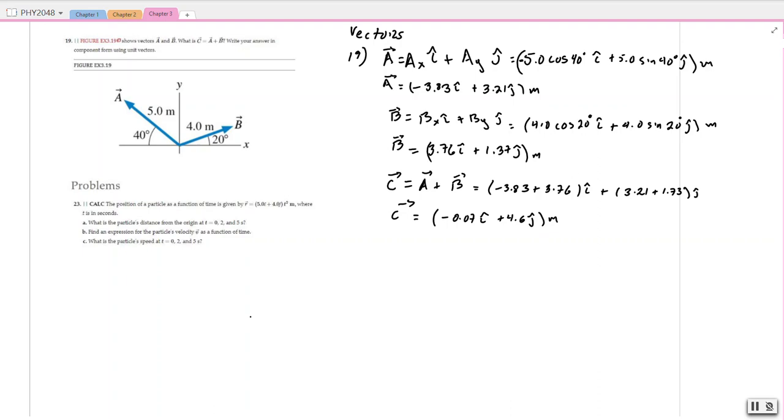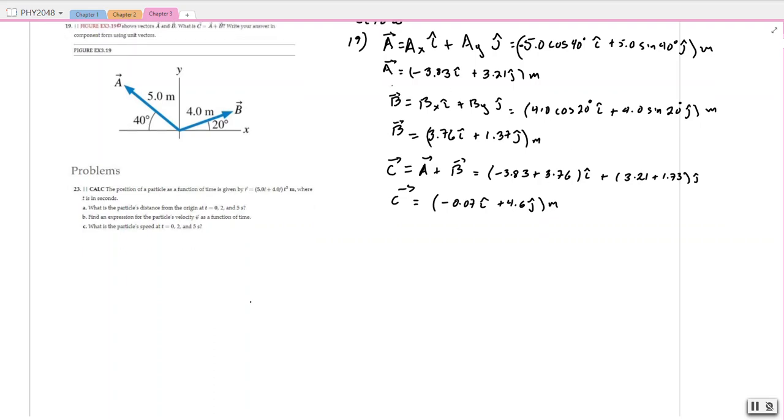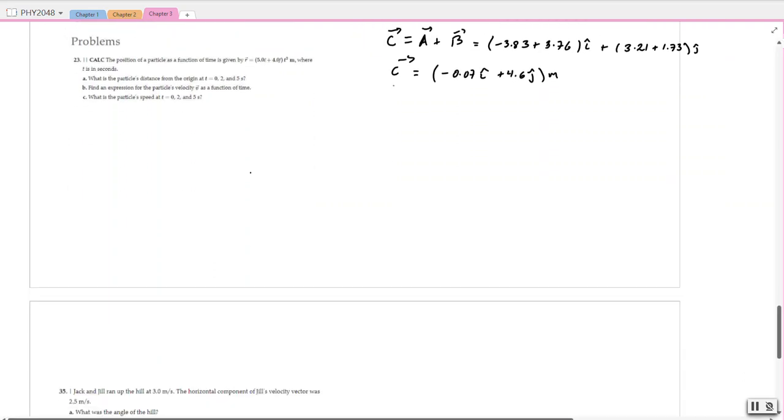Our next exercise here is an exercise where we're going to use some tools of calculus, right? They say that the position of a particle as a function of time is given by vector position r equals 5.0 plus 4.08 t squared in meters, of course, because it's position, where t is in seconds.